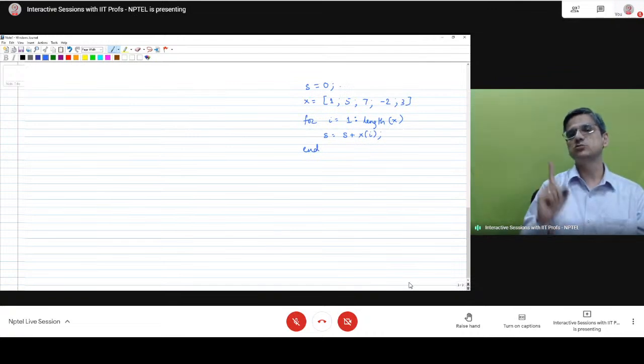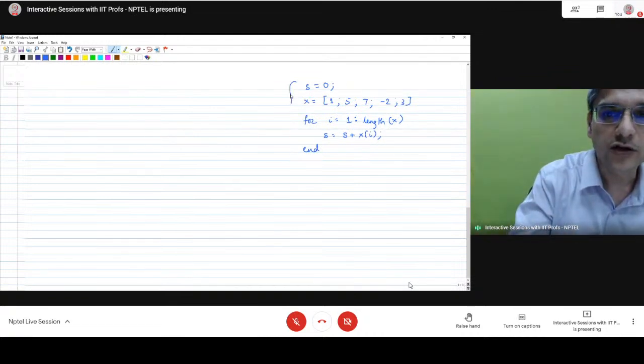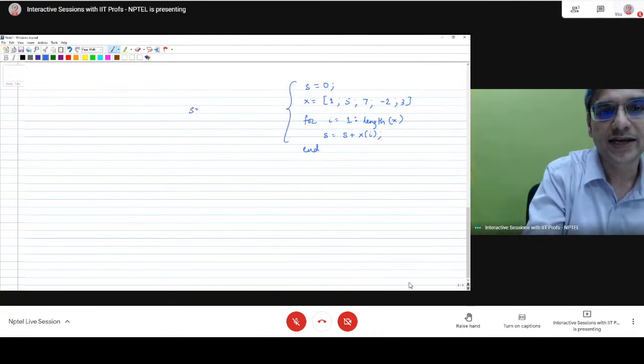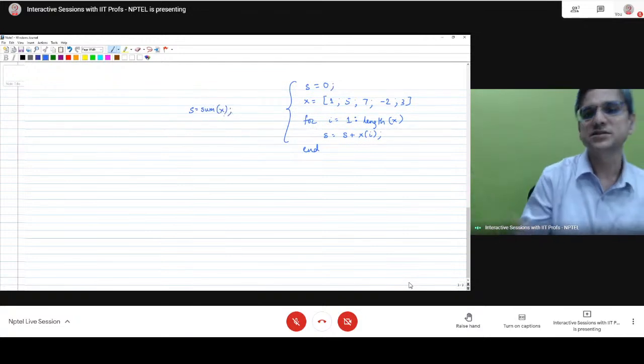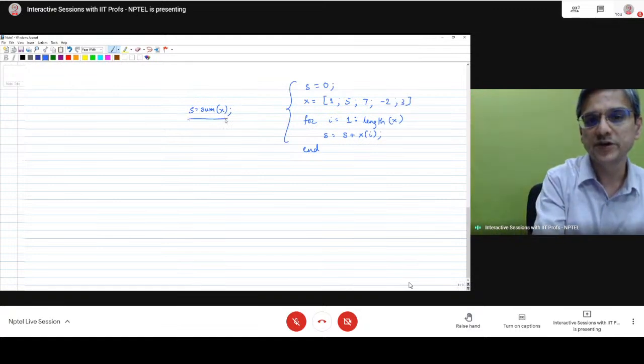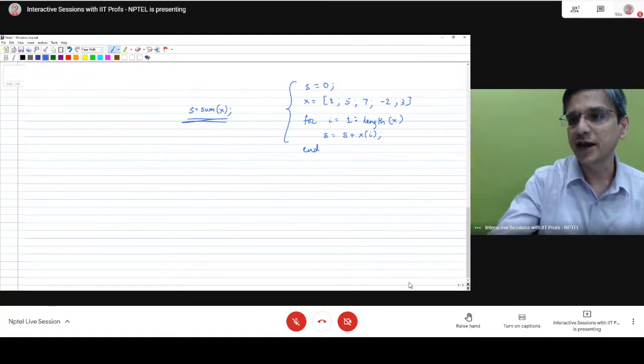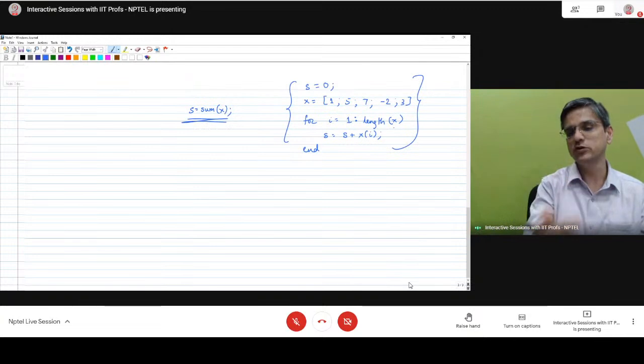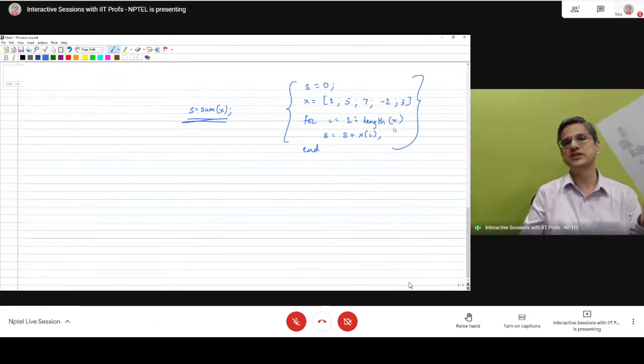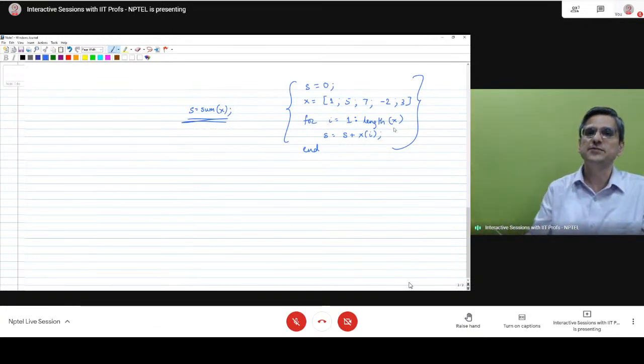Can you replace this with a single line of code? What will that single line of code be? S equal to sum x. So this will be your answer. The question is, can you replace this with a single line of code? And what I've written on the left hand side is the answer. So this is an example of single line of code type of problems.